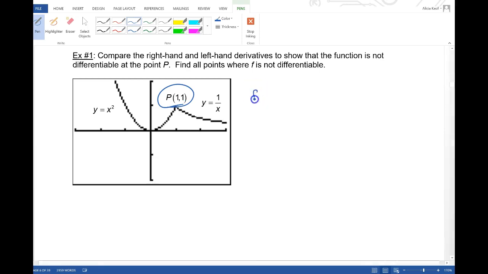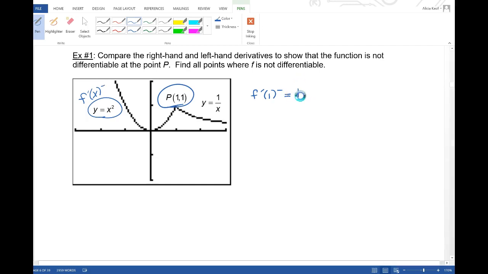So let's do the derivative at 1 from the left. From the left we're going to use the x squared. You can choose to do h approaches 0 or x approaches 1.